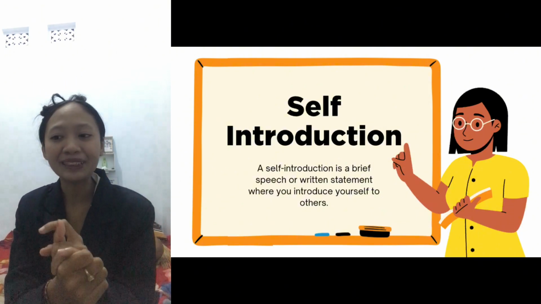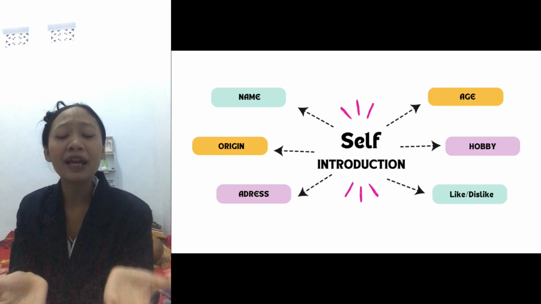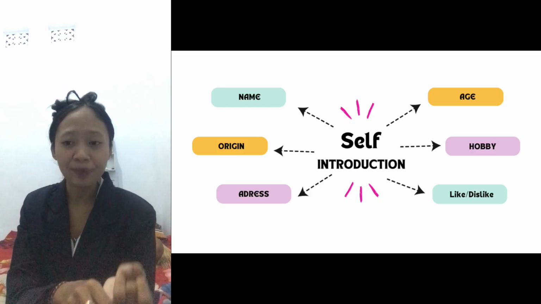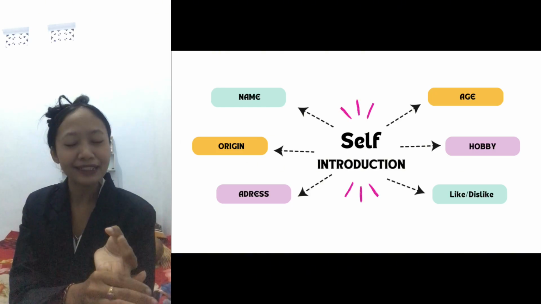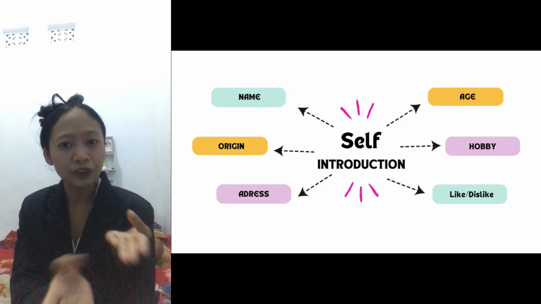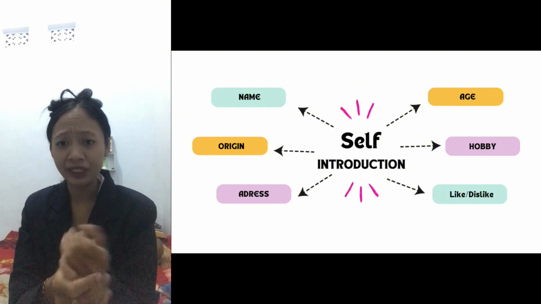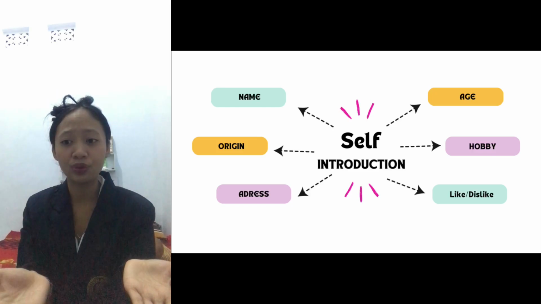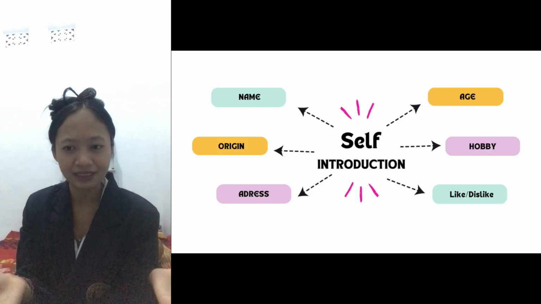So on the next slide, in self-introductions, you can mention your name, your origin, where you're from, your age, your address, where you live, and some like what your friend said. You can also mention what you like, your favorite things, what you like to do. Those are what we call self-introductions.